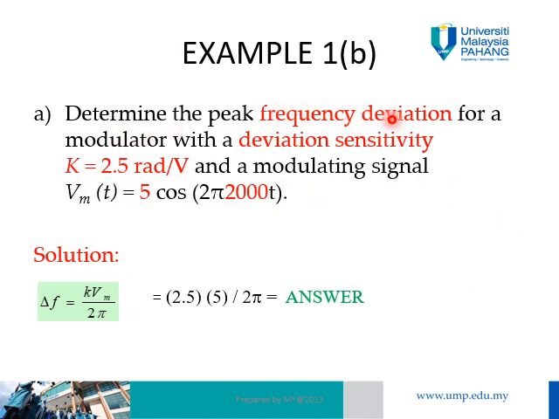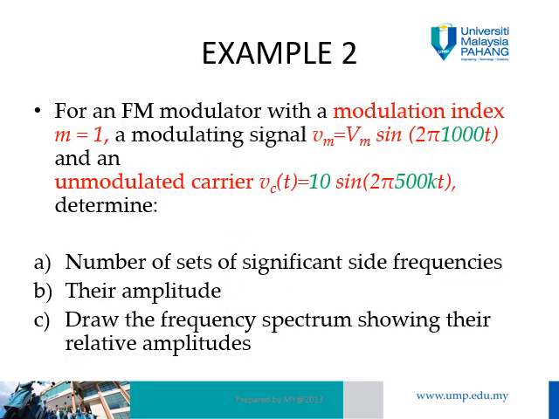Determine the peak frequency deviation for a modulator with a deviation sensitivity K equal to 2.5 radian and modulating signal Vm 5 cos 2 pi 2000 t. The solution: just input the values into the equation. Frequency deviation delta F equal to K Vm over 2 pi. K is 2.5, Vm is 5, divided by 2 pi. You get the answer.